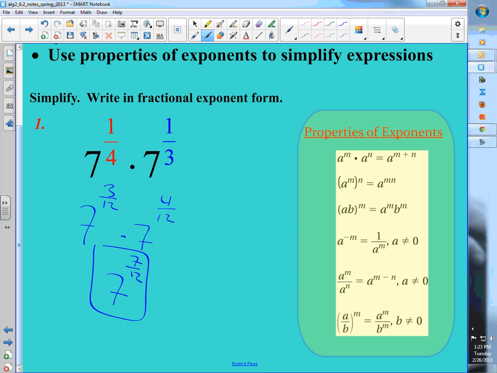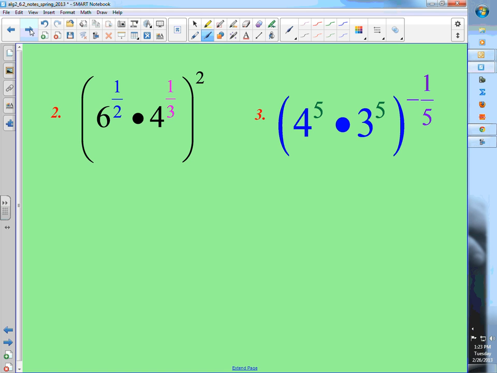So we're looking to simplify expressions. Make sure you read the directions because it's usually going to tell you what form to put them in. Now notice, this one we have different bases. You can't multiply the 6 and the 4 together because they're different bases. What can you do in the second problem? Distribute your power.